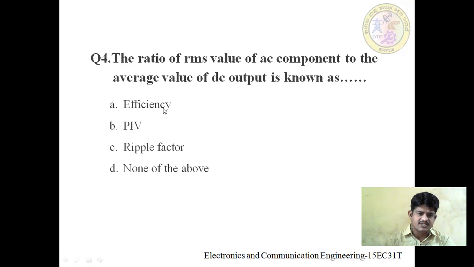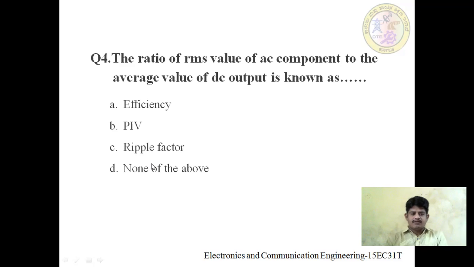So the first option is efficiency. Is it true? No, because we know that efficiency deals with output power and input power, and the question is not related to that. So this is a wrong answer. Then PIV, peak inverse voltage. We know that peak inverse voltage is the maximum reverse voltage that a diode can withstand. But the question is not dealing with that concept, so this is also not correct. Then ripple factor.